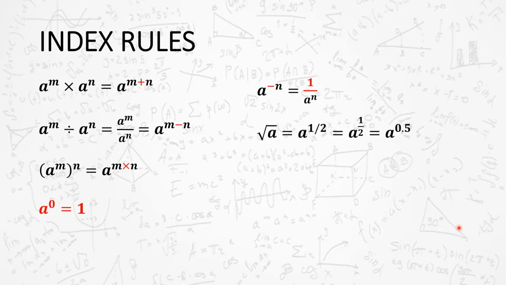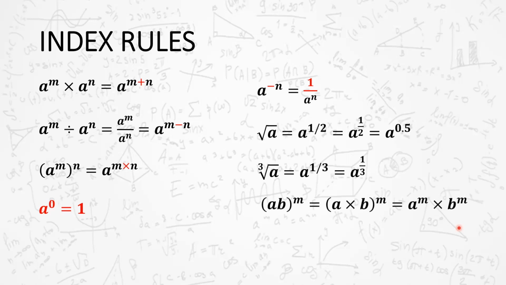Square root of a is the same as a to the power half or a to the power 0.5. Cube root of a equals a to the power a third. Also we have ab to the power m equals a to the power m times b to the power m. Similarly for division, a over b to the power m equals a to the power m over b to the power m.